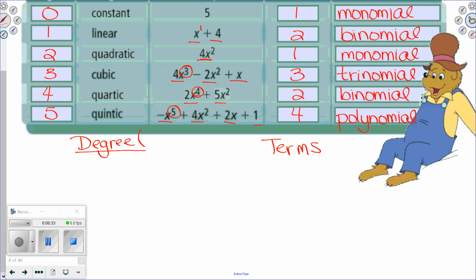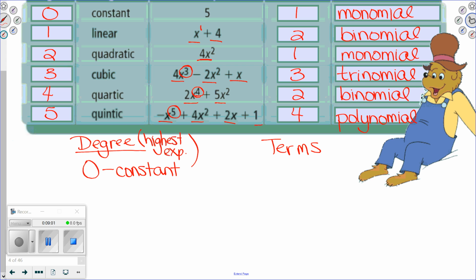So again, degree is your highest exponent. Again, I always think of degree, 32 degrees. That little symbol is up top like an exponent. So if you have a degree of 0, it is called a constant.